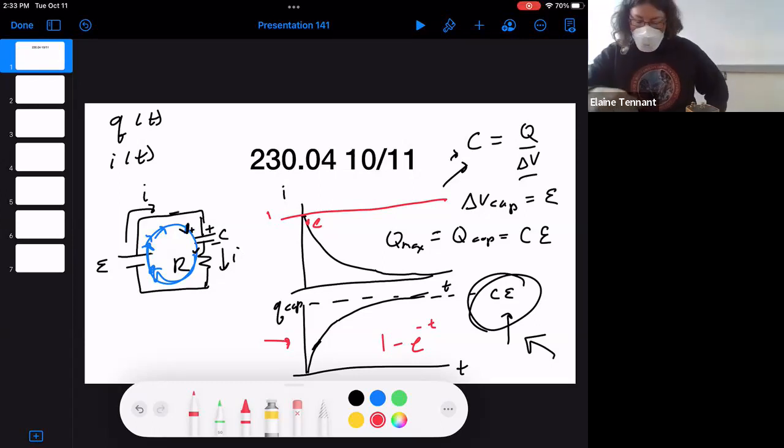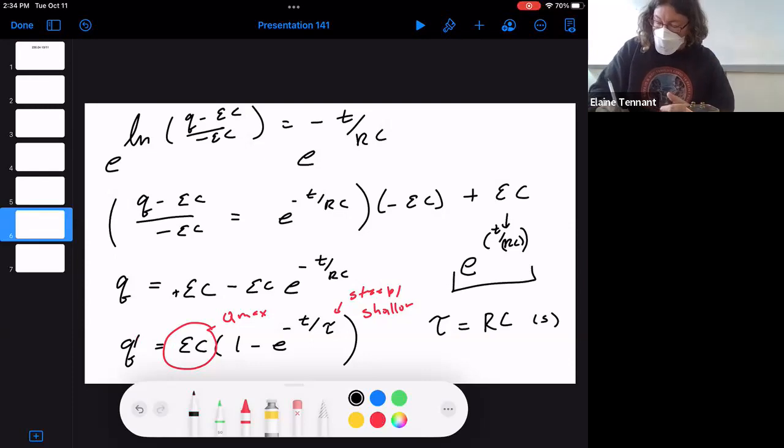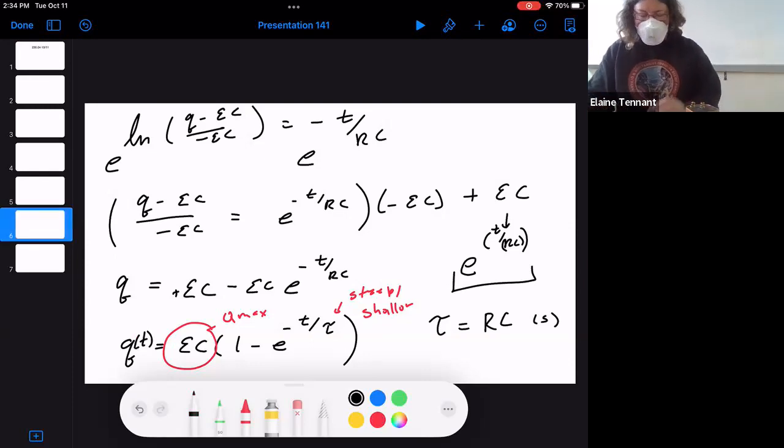So not only do we understand this equation, it definitely makes sense with what we thought in the beginning. And it does match up with what we're seeing over here, but it won't be as obvious until we figure out the current, because when you're looking at the brightness of the bulb, what you're measuring is the current.